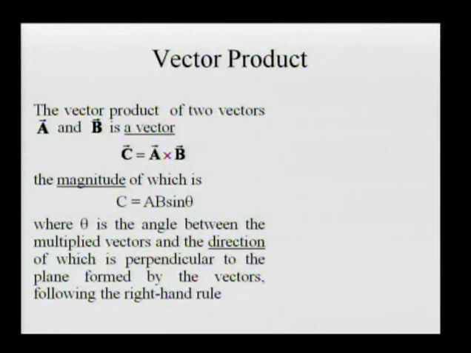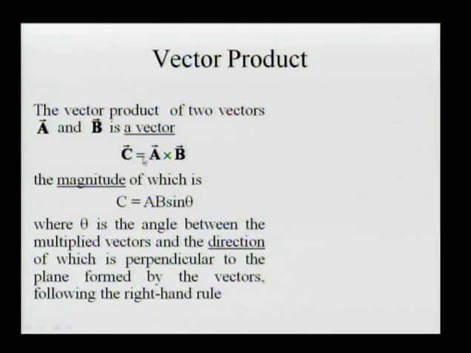So here is a formal definition of vector product. The important thing is that the result is a vector. This is the notation of vector product. Very often people forget and think that this is the vector product. Now, see what that product really represents.